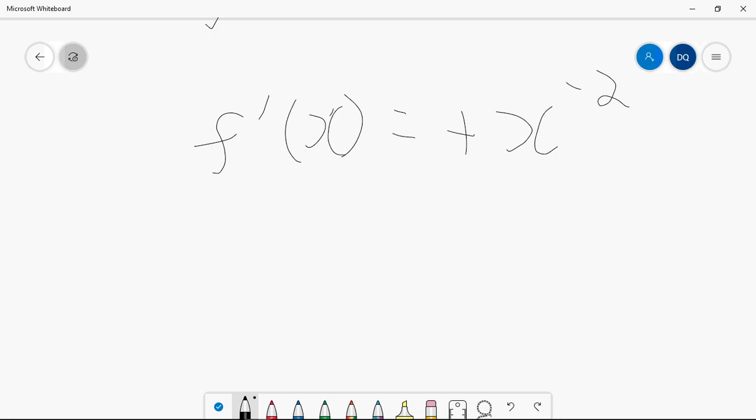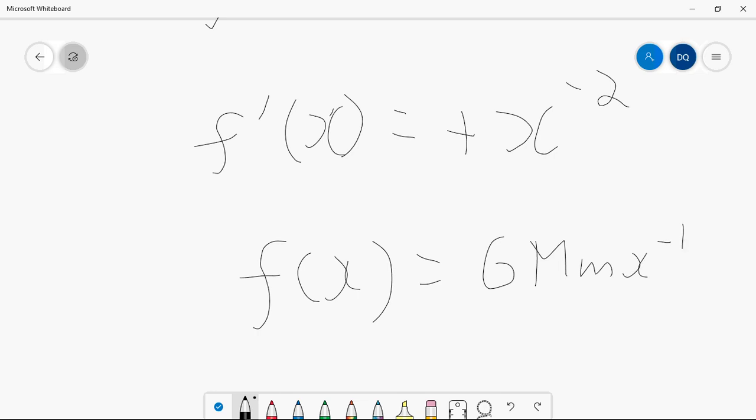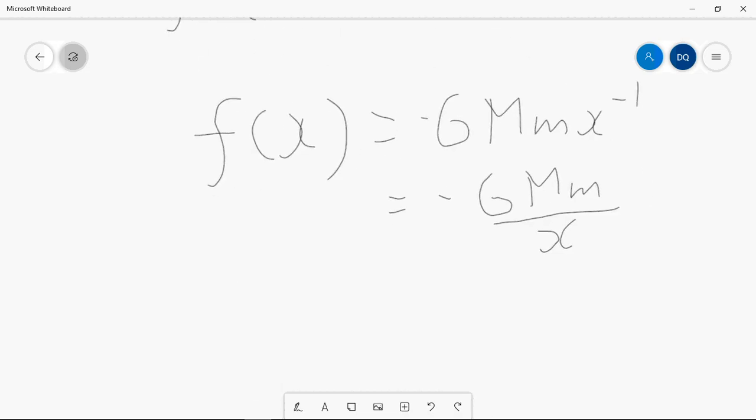That means that our function is negative G M m x to the negative 1, which is negative G M m over x. So have a close look at that. The derivative of this is going to give you G M m over x squared.